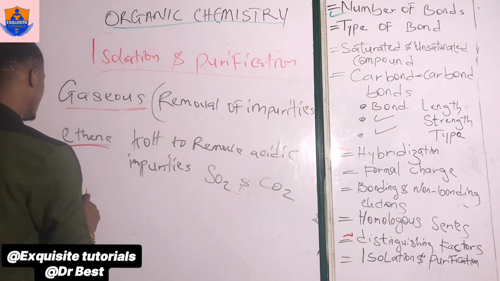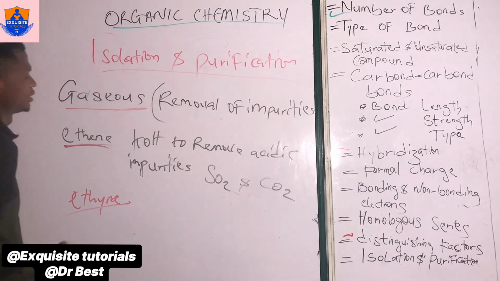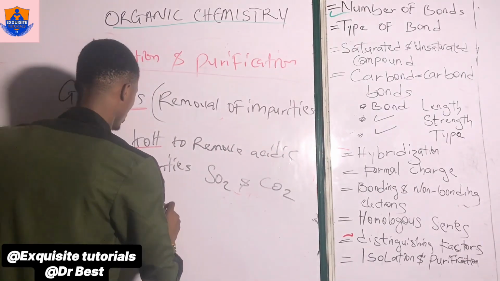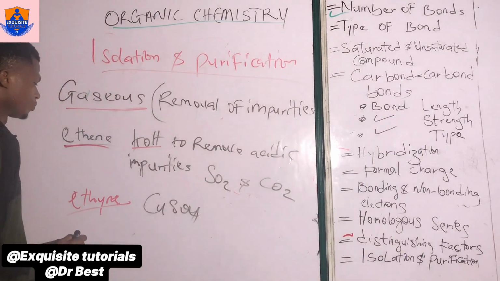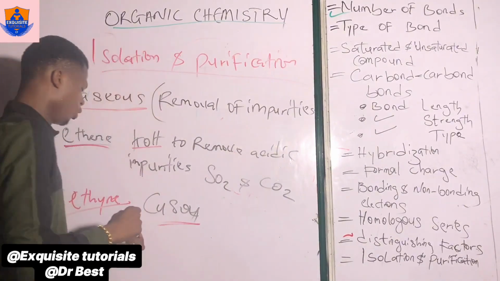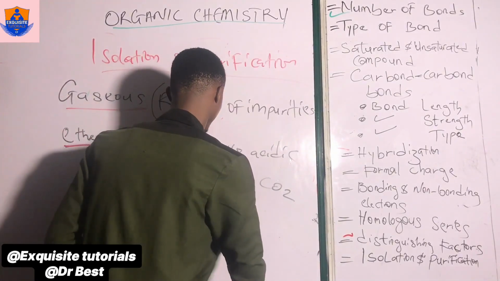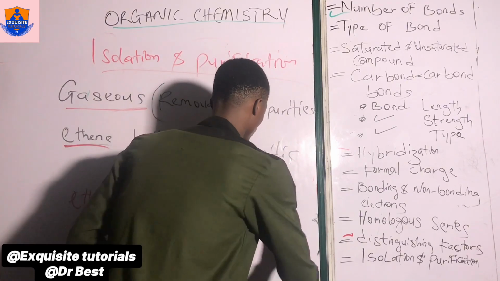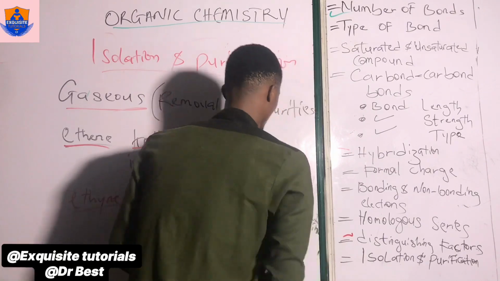Then we'll have ethyne. Ethyne is passed through CuSO4 to remove phosphine impurities.